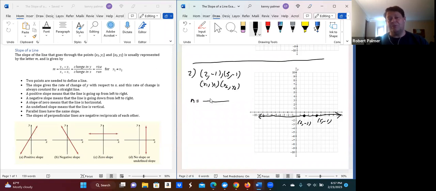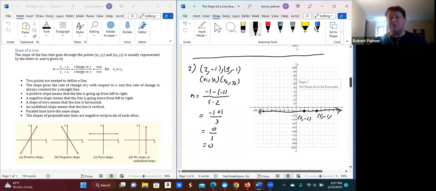So my slope should be this y minus this y, so -1 minus a -1, over this x minus this x, 5 minus 2. So up top, I have -1 plus 1. Down here, I have 3. And so my numerator, of course, is 0, and 0 divided by 3 is just 0.